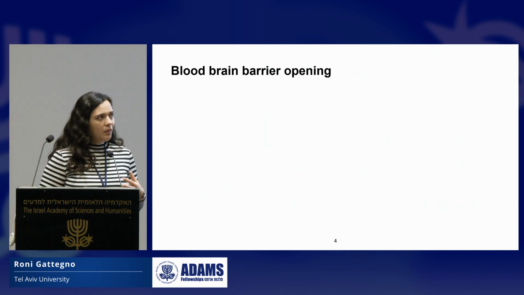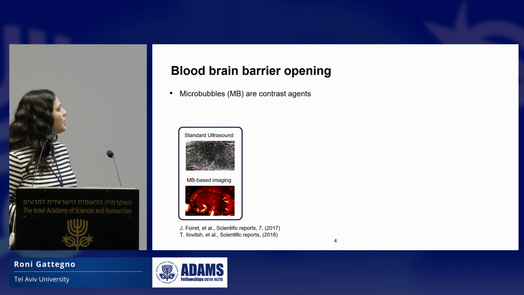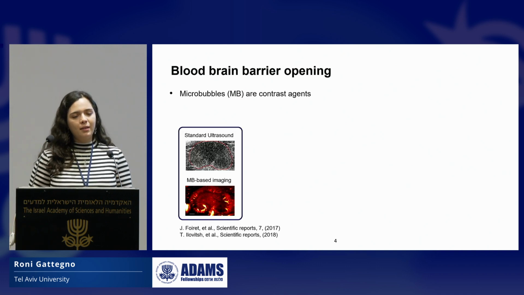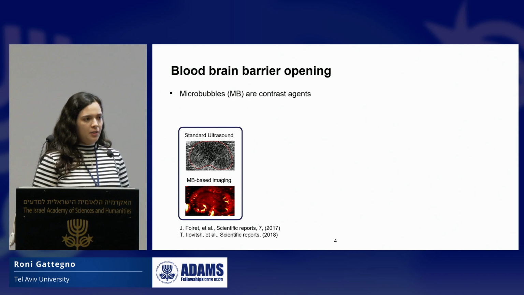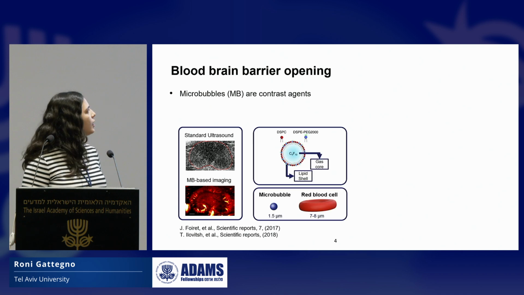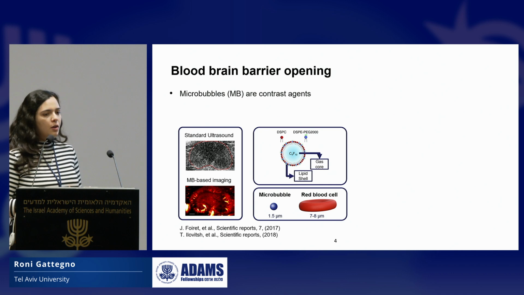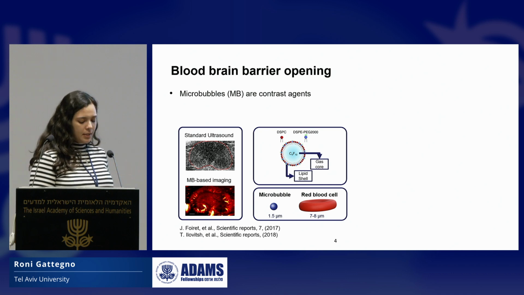All this magic of BBB opening is happening thanks to microbubbles. Microbubbles started out in the ultrasound world as contrast agents, meaning they enhance ultrasound imaging. They are composed of a lipid shell with a gas core, and they are about a fifth of the size of a red blood cell.